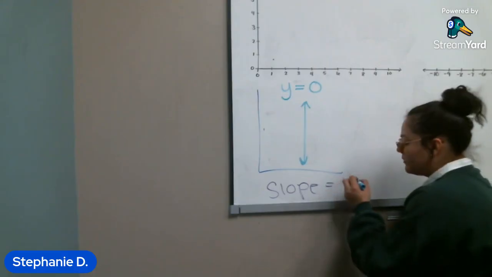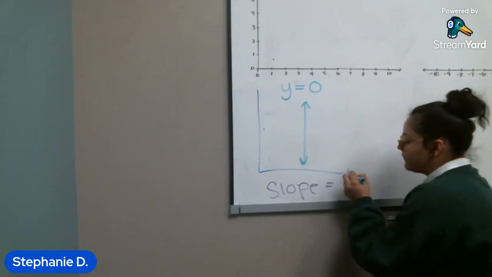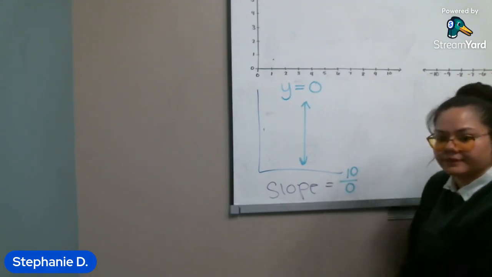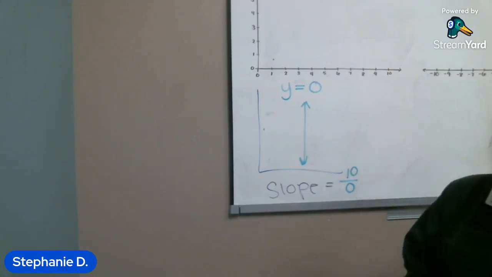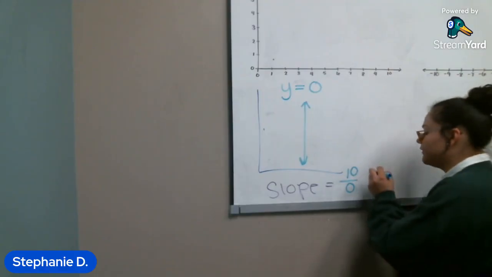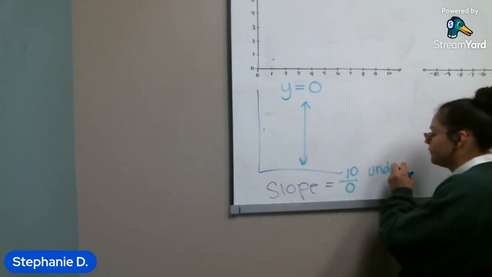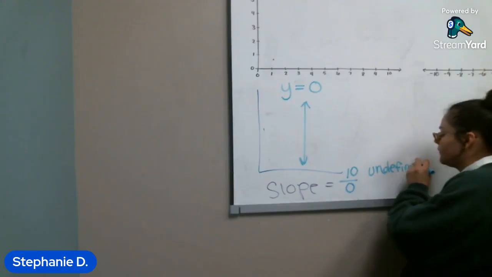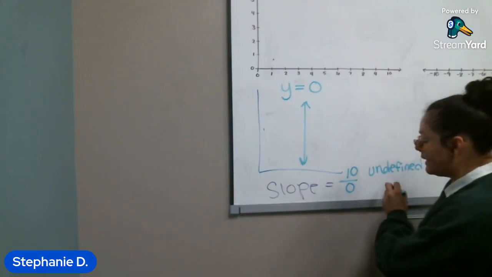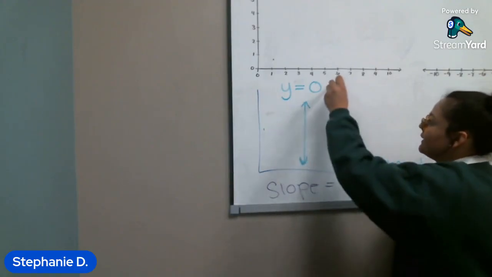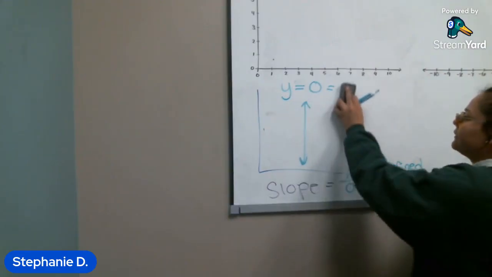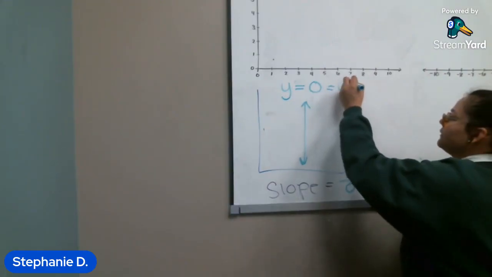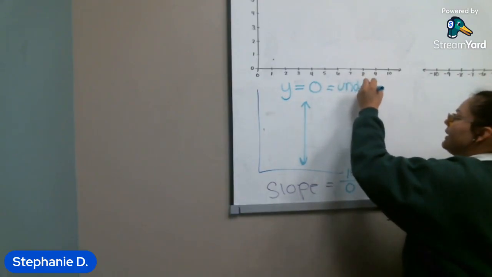Let's just say 10 into 0. 10 can't go into 0. So that's why we see undefined.